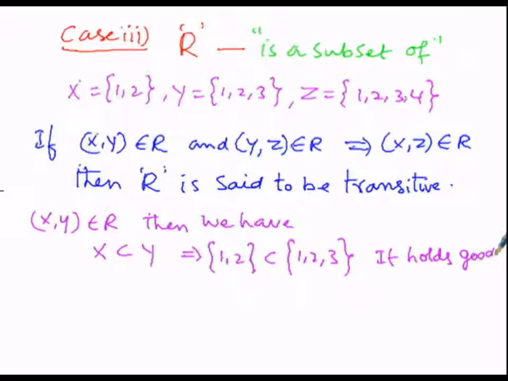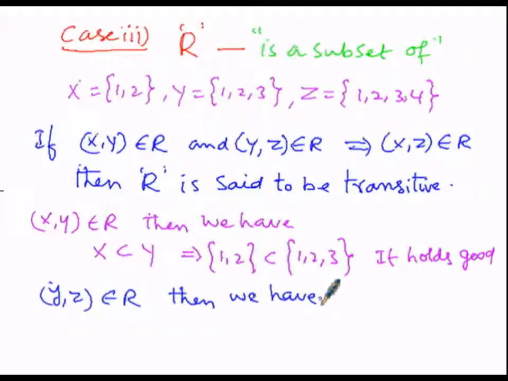Now the second case, y comma z belongs to R. The relation is a subset of, so y must be a subset of z. That implies the elements of y, 1 comma 2 comma 3, are a subset of z, elements 1 2 3 4.